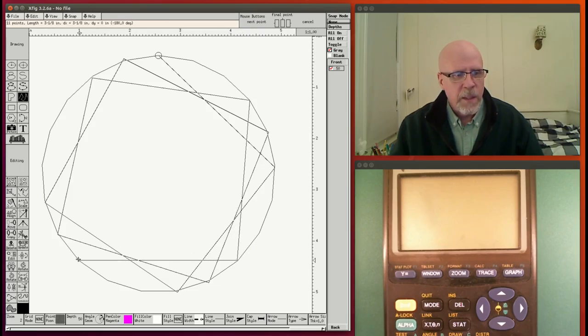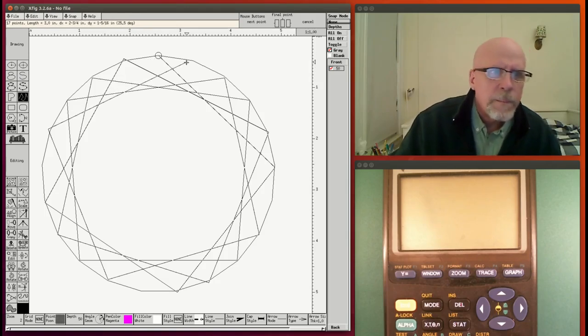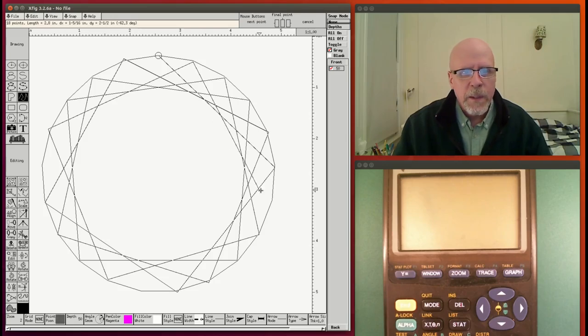It looks like what you'd get if you look at video feedback, when you point a camera at its own monitor. Oh, almost ended it prematurely. Nope. There's one more set of things to fill in.